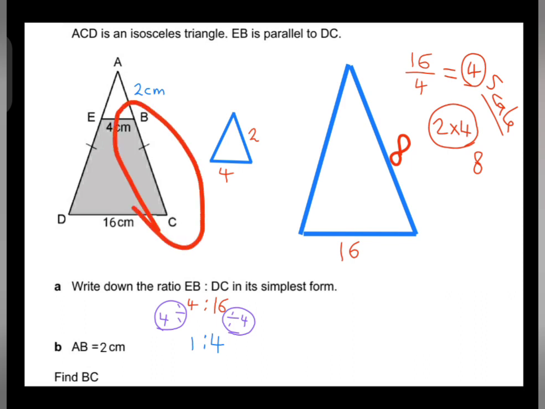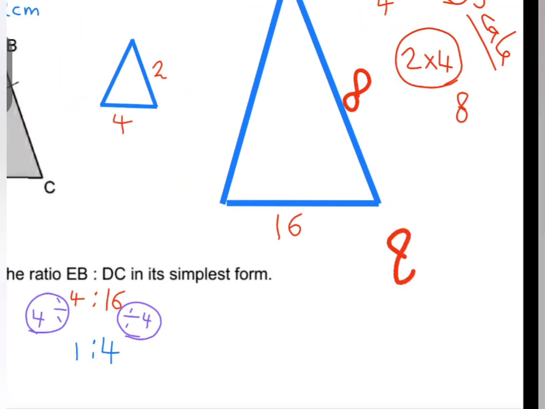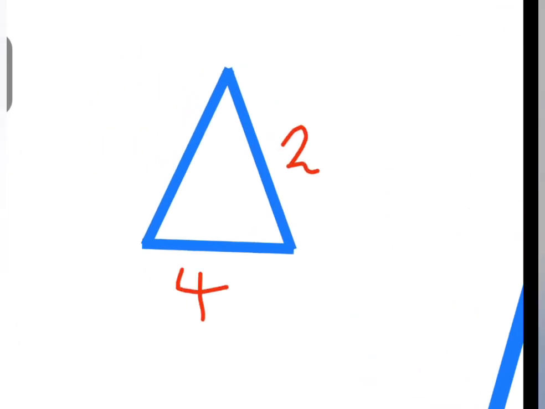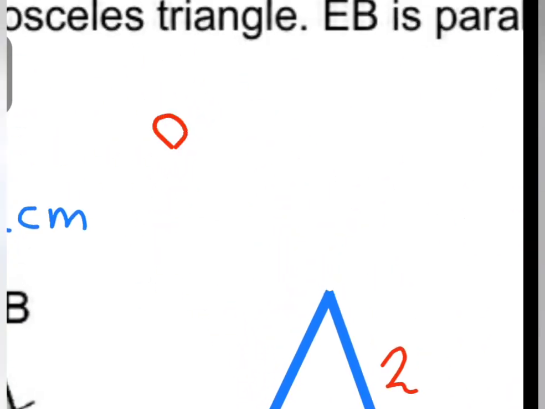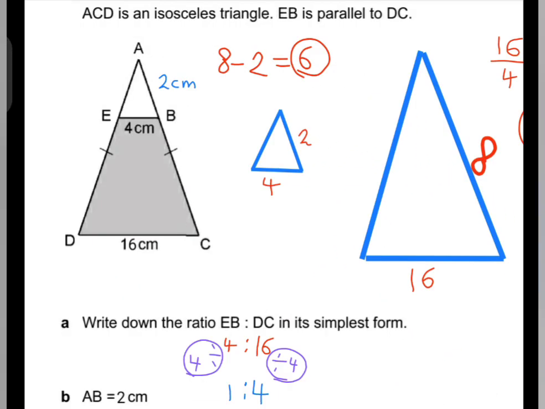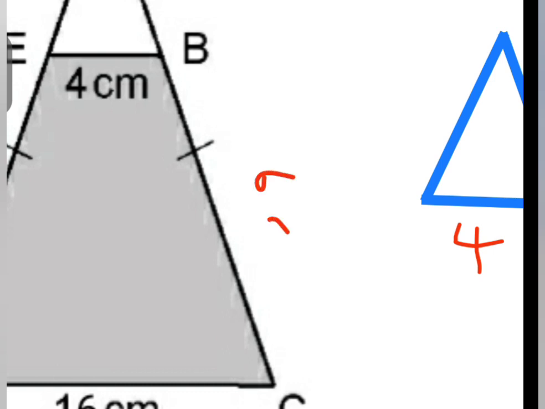Very good. So we subtract 2 from 8 and we will have BC. So 8 minus 2 equals 6. Very good. So BC here is 6 centimeters.